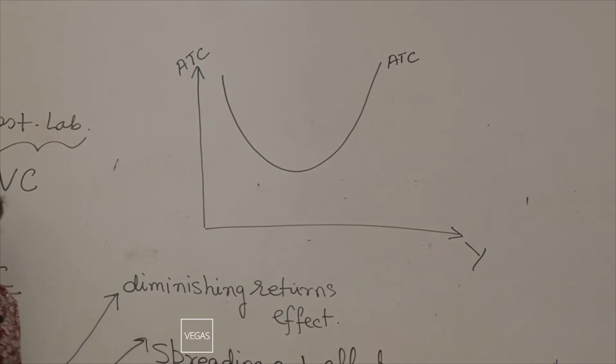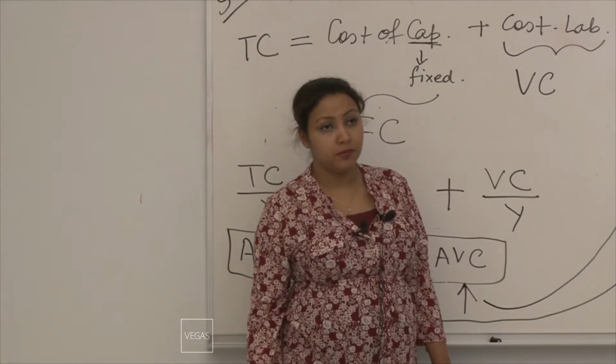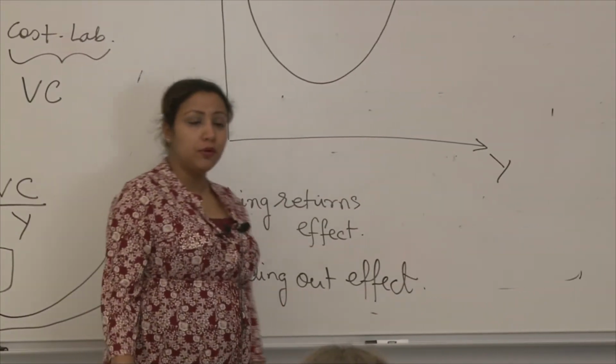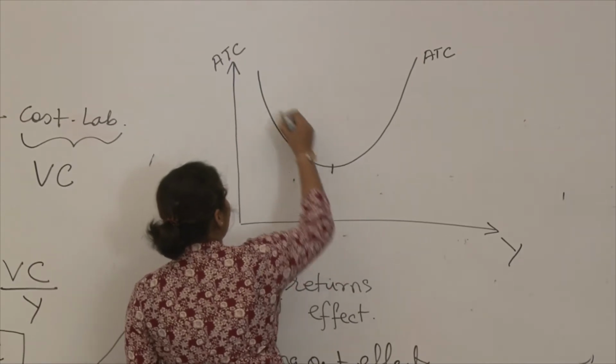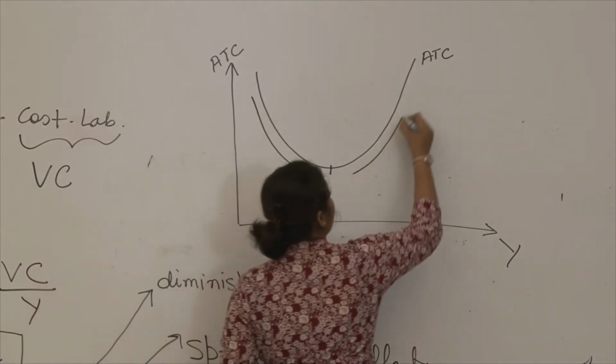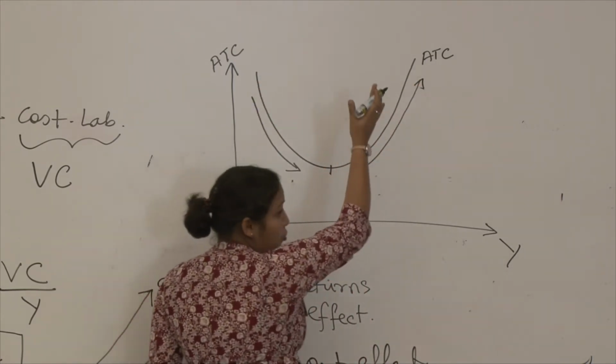For some parts it should be coming down, for other parts it should be going up. It looks like a U shape. So this is the part where the ATC is falling. That is the part where the ATC is rising. This is the downward sloping part, that's the upward sloping part.